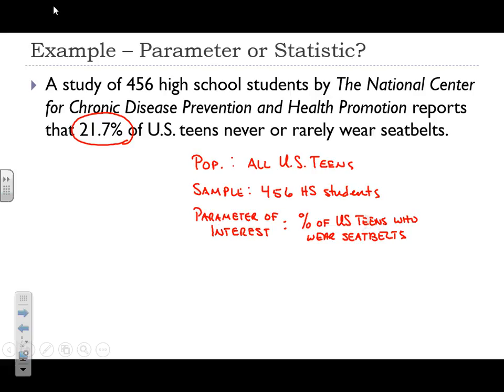Okay, that's what they specifically said. From 456 high school students. There are definitely more than 456 high school students in the U.S. who are capable of driving, right? So we're looking at a sample, which means 21.7% would be a statistic. So this is an estimate of the true percentage of students who wear seatbelts. Does that make sense? Okay.